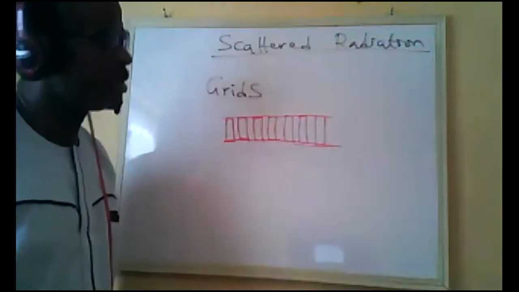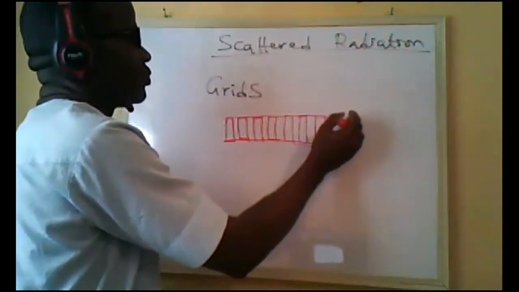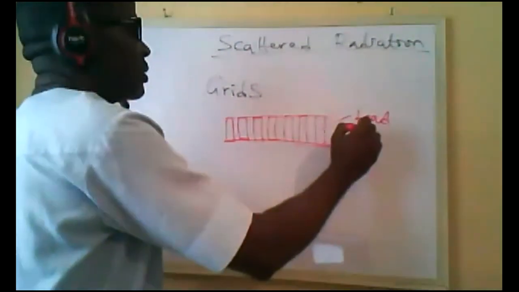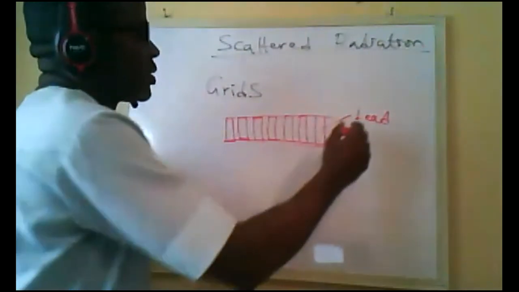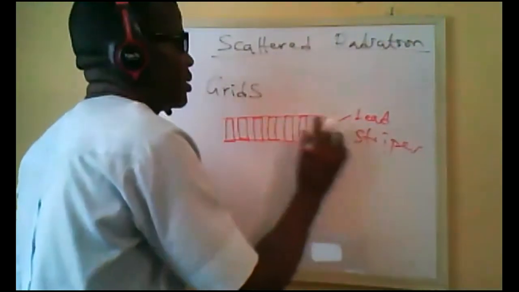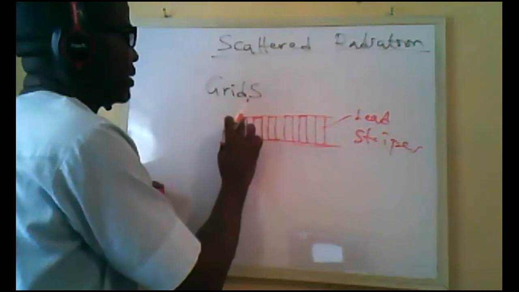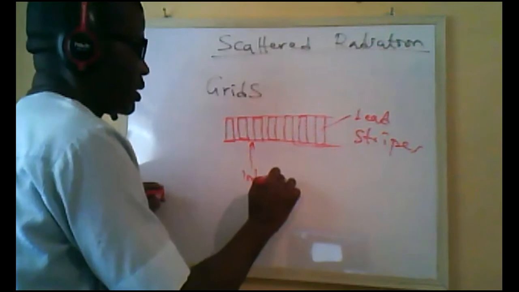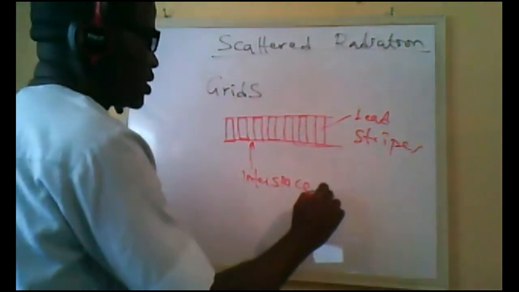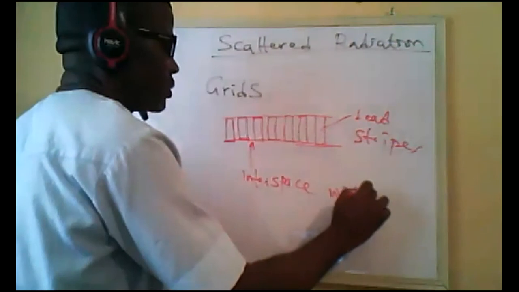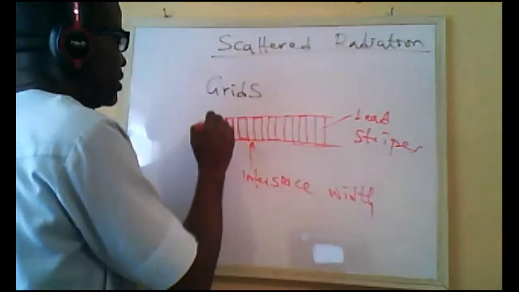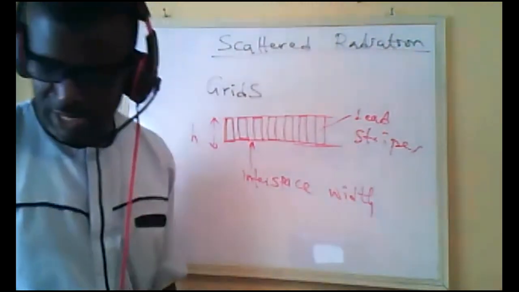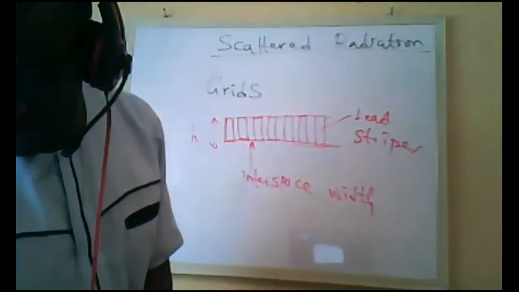These are lead blocks, lead strips. This one there is lead, and this is the interspace, the interspace width, whereas this length is the height.